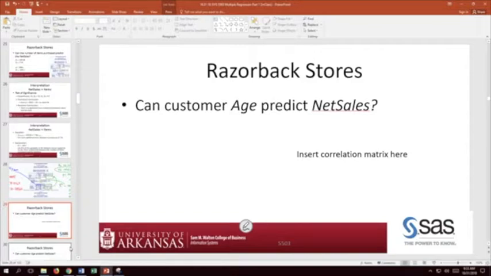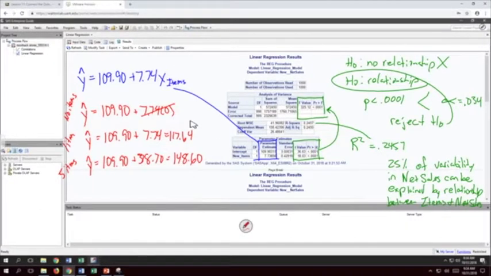Can customer age predict net sales? What do you think about that one? That's your question? Okay. Let's try it. So, let me clear this off real quick.